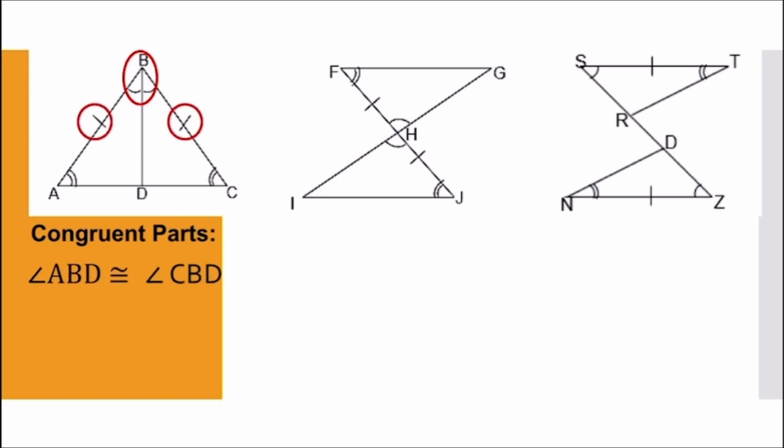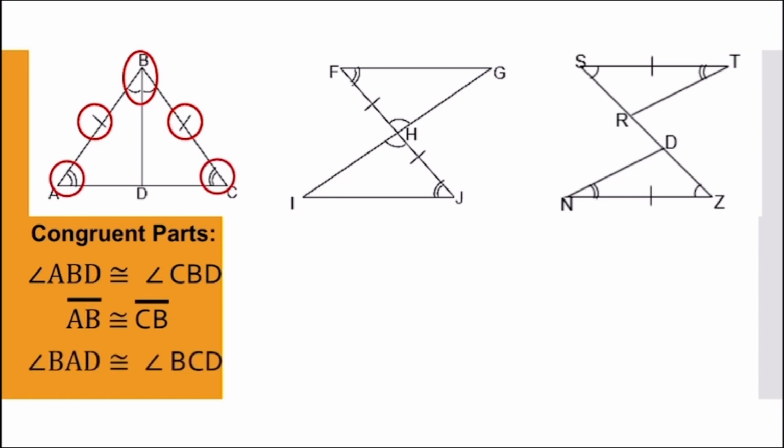Next, line segment AB is congruent to line segment CB, which is our pair of included side. And angle BAD is congruent to angle BCD, which is our second pair of congruent angle. Then, triangle ABD is congruent to triangle CBD.